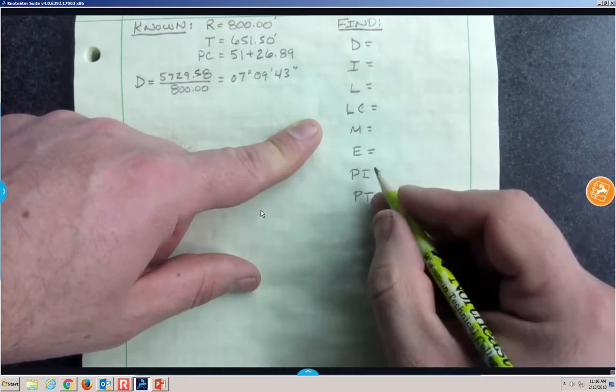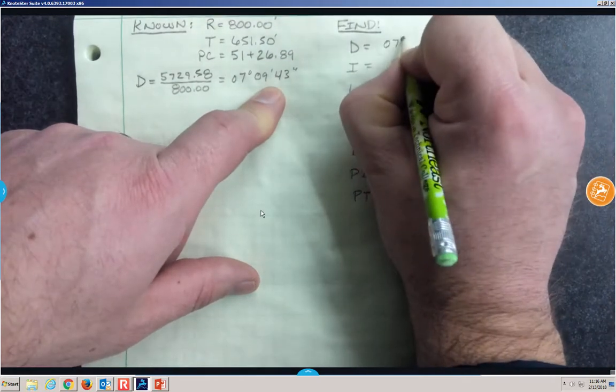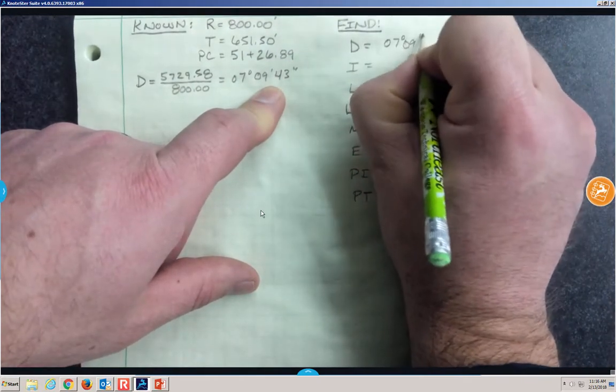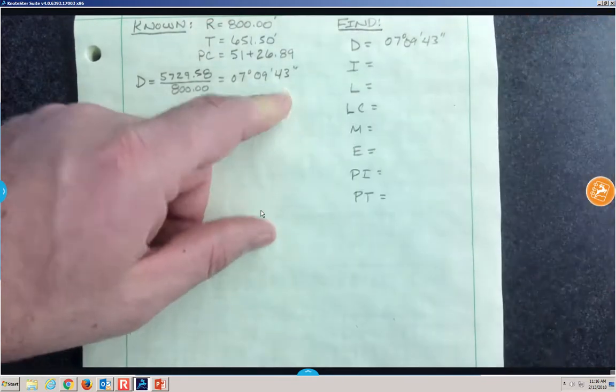Those are the things we're going to need to find on this one. D we already found, so that was 7 degrees, 09 minutes, and 43 seconds.